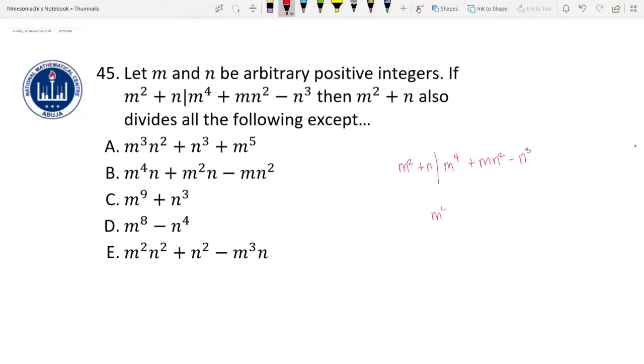So it implies this is congruent to 0 mod m squared plus n. I'm going to use ideas of the factor theorem for polynomials.